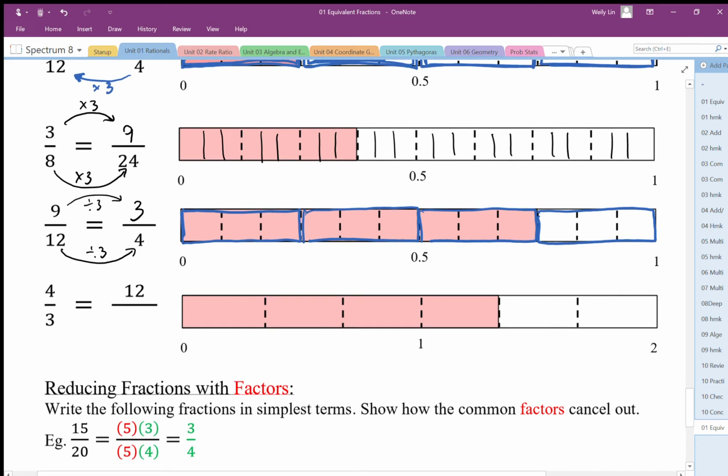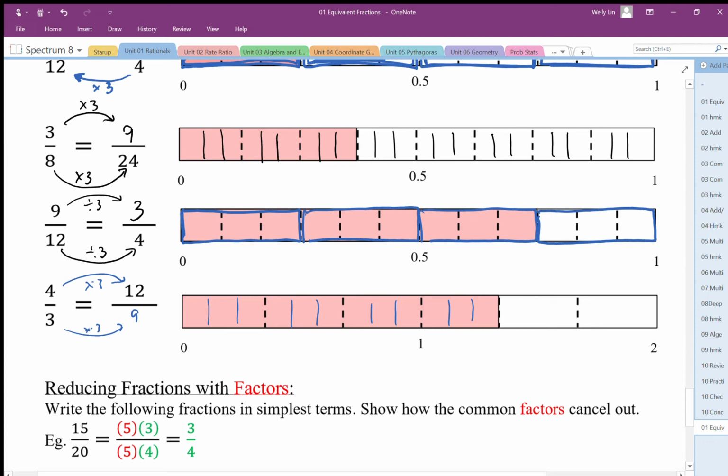Then the last one here, I want to do times by 4, times by 3. I want to do this in groups of 3. There's my parts, my 12 parts.